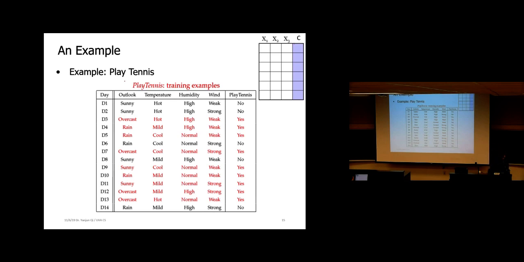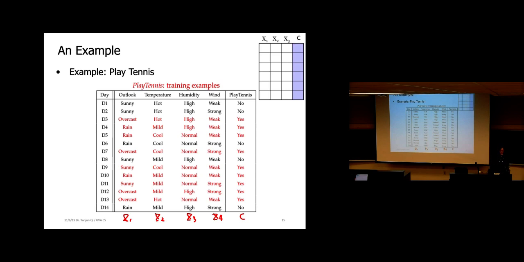This is my x1 variable, x2, x3, x4, and C. The whole important idea of the Bayes classifier is that every feature variable and also the output variable is a random variable. Here I assume the C variable is a Bernoulli distribution. How many possibilities are there? Only yes and no.